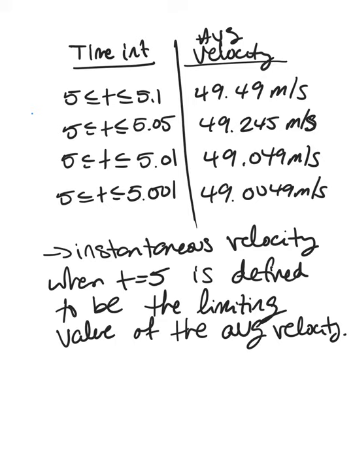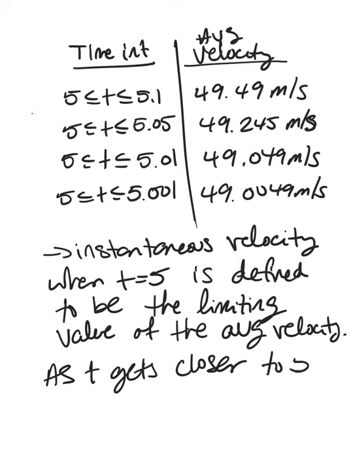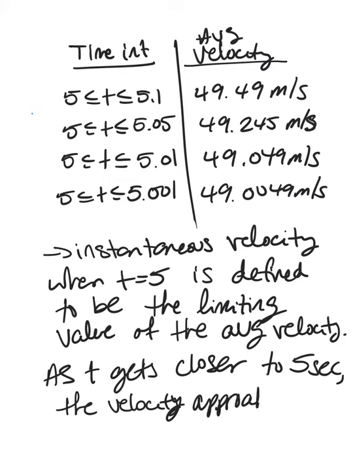I can then say my average velocity is approaching 49 meters per second. So as t gets closer to 5 seconds, the velocity gets closer to 49 meters per second. It approaches 49 meters per second.